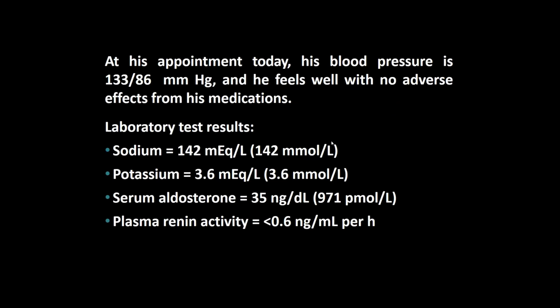His blood pressure at the appointment was 133/86. He feels generally quite well. His potassium was 3.6, his sodium 142, his serum aldosterone 35, and his renin activity less than 0.6. So suppressed renin and a higher aldosterone level as well.